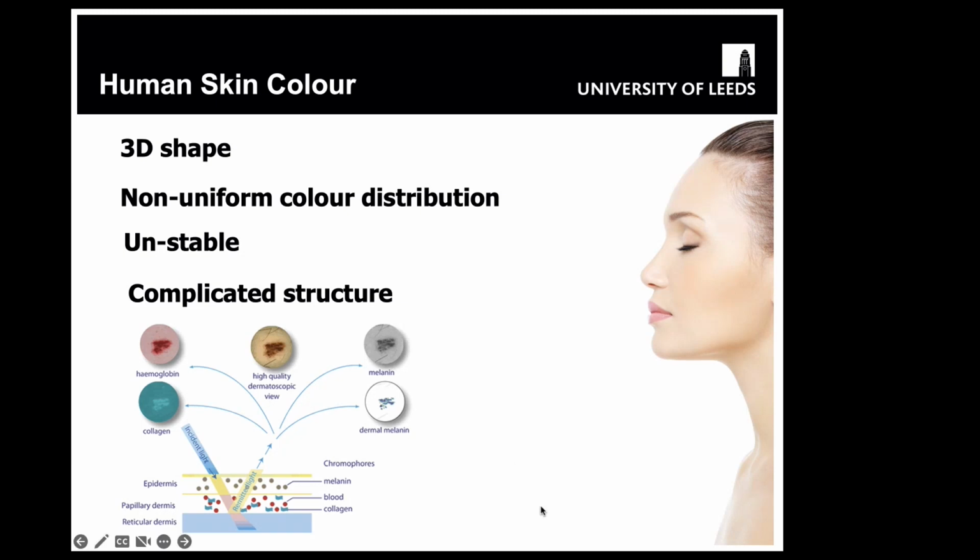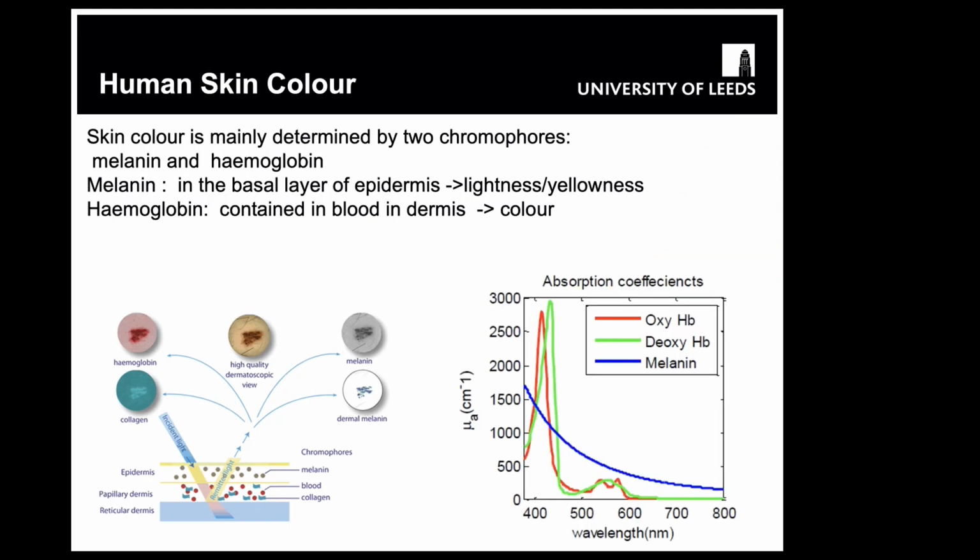Different things can affect skin color, and the most important factors are three: melanin and hemoglobin, including oxygenated hemoglobin and deoxygenated hemoglobin. So you can say it is affected by two chromophores, melanin and hemoglobin. More specifically, for hemoglobin, we have oxygenated and deoxygenated hemoglobin, which are completely different colors.